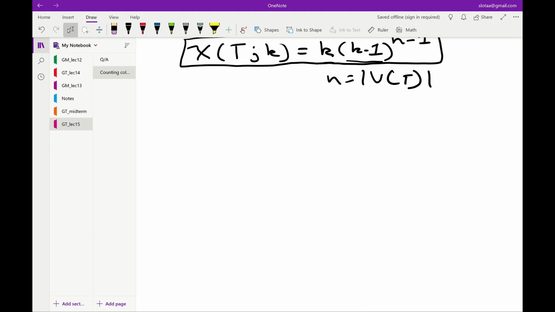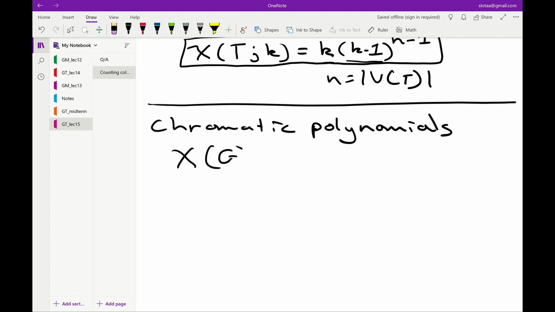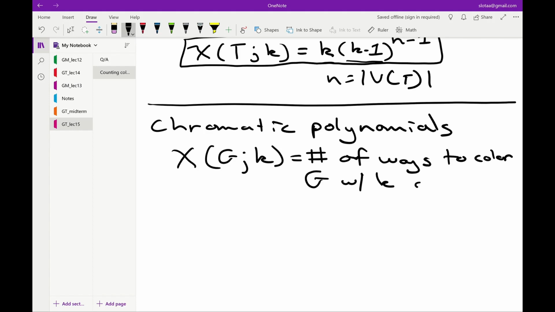So these functions have a specific name. In the general case, these are called chromatic polynomials. And essentially, the general form, pretty much what we saw before, is chi of G semicolon k, essentially the number of ways to color G with k colors.